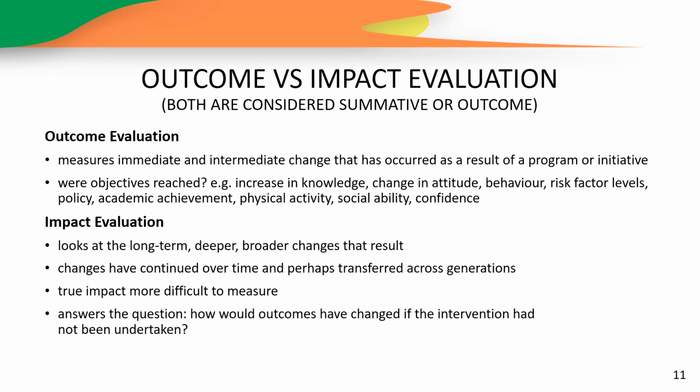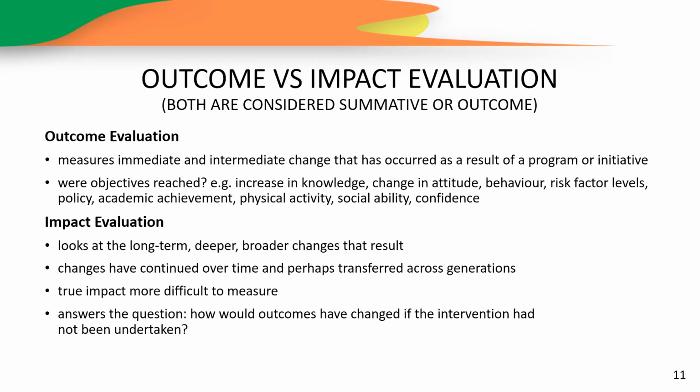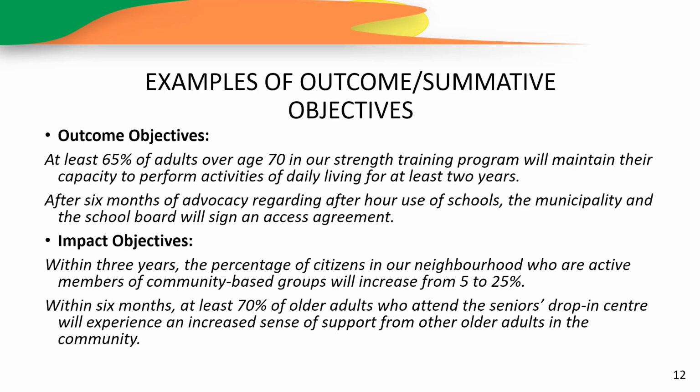So those are the ones that we've talked about primarily, that relate to knowledge or change in attitude, behaviors, or risk, or academic achievement, or physical activity, or social ability, or confidence, those kinds of things. So those are the kinds of things that you would be looking at for summative or outcome evaluation.